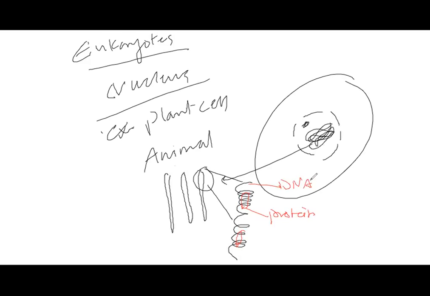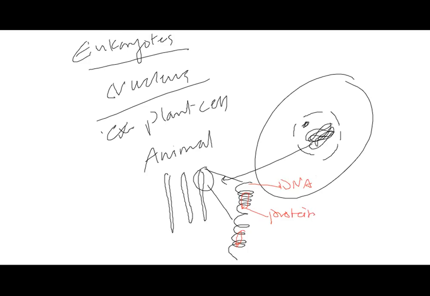DNA is always coiled because it is made of two very long strands. They have to be coiled around protein to fit in the shape of chromosomes, able to fit inside a tiny space like the nucleus. So that's how the DNA looks inside the cell.